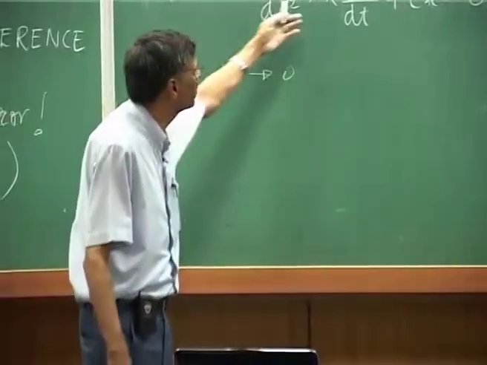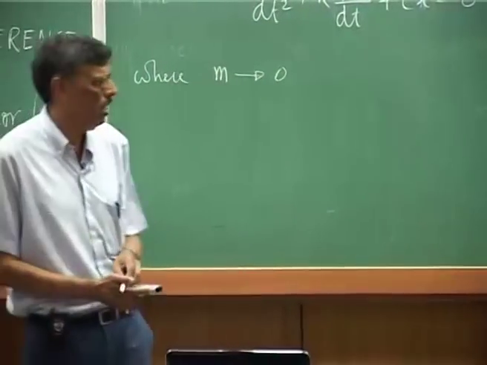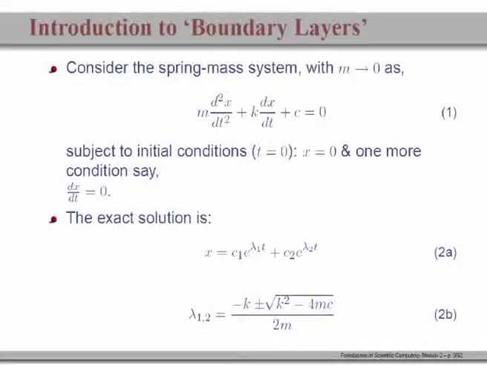This is a constant coefficient ODE, and that quadratic will yield two characteristic exponents, lambda 1 and lambda 2, given by here. But as you can see, if m goes to 0, you really cannot directly apply this.